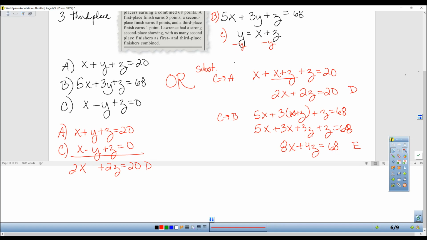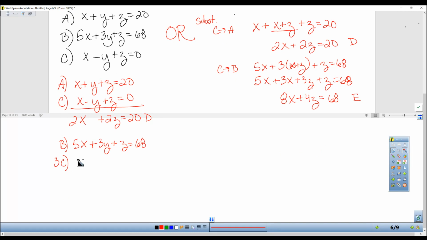You can call that D. And then now we have to get rid of Y again. So you have to use B. So I'm going to use B, and I'm going to use 3C. So B is 5X plus 3Y plus Z is equal to 68.